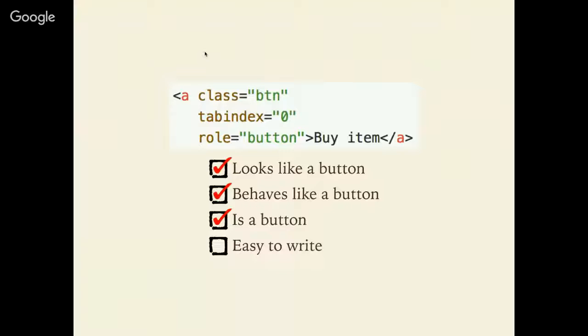We do still need to add the spacebar activation via JavaScript to make it actually behave like a button. But there's no check next to easy to write because we had to add the tab index and the role, and it's getting complex.